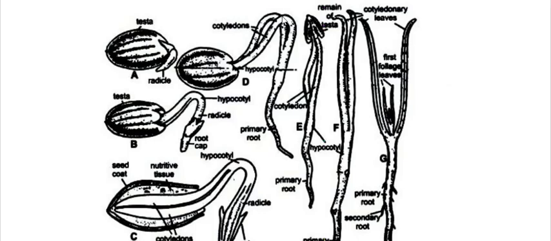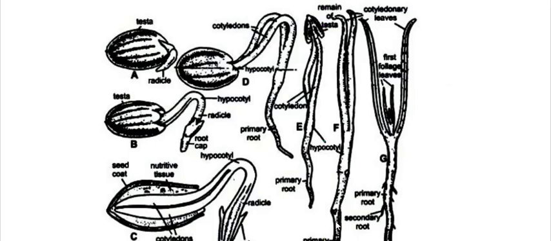These are the two cotyledons. In this diagram we can see that almost the seed is ruptured and most of the cotyledons are released from this testa. The hypocotyl is producing the primary root.